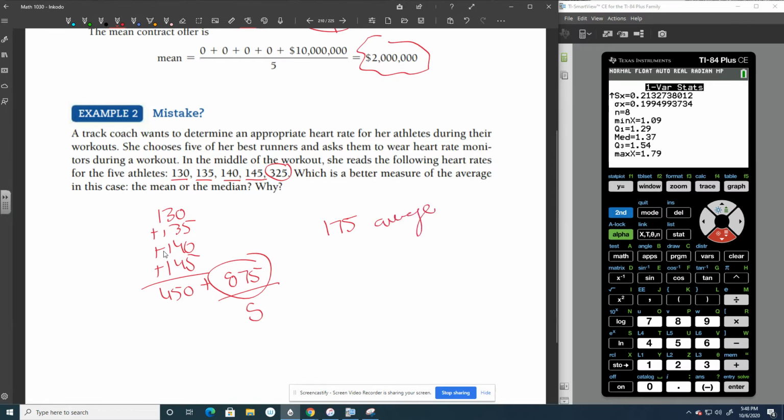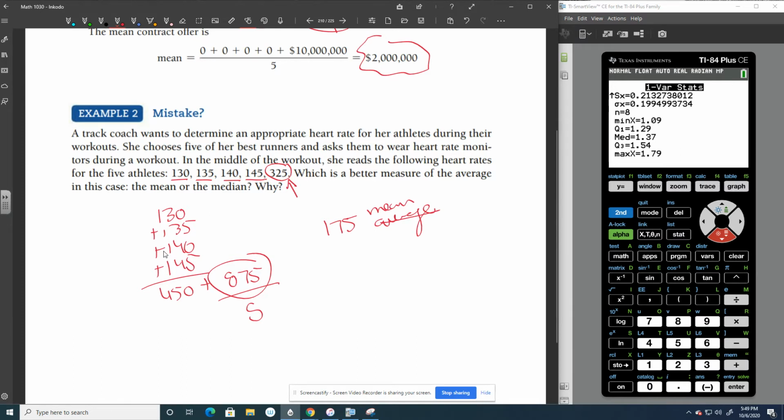But look at my numbers: 130, 135, 140, 145. There's only one high one. So this mean is a lot higher than what the data represents. This makes it seem like their heart rates are really high, when really there's only one that's super high, and that's probably because there was a mistake with the monitor. I don't think this person's heart rate was really 325 beats per minute, because they would be having a heart attack.